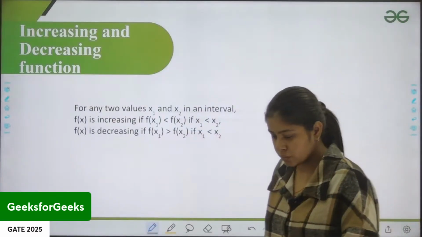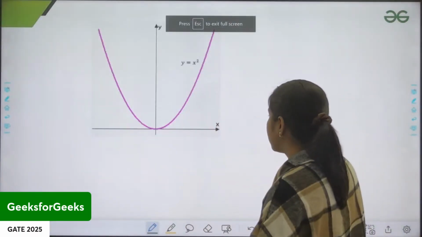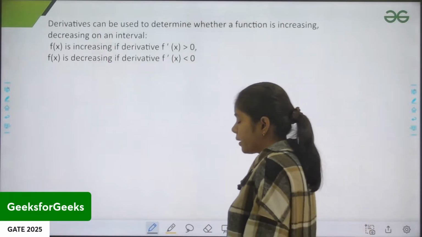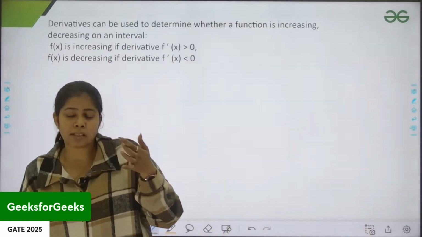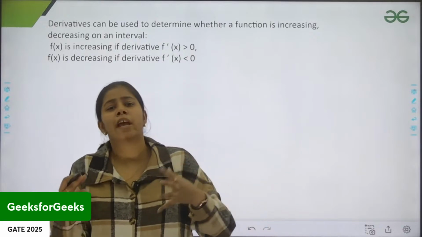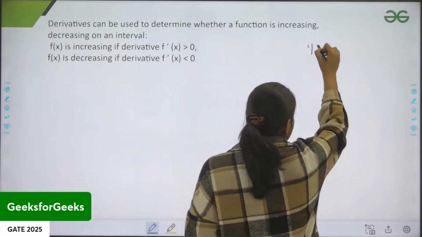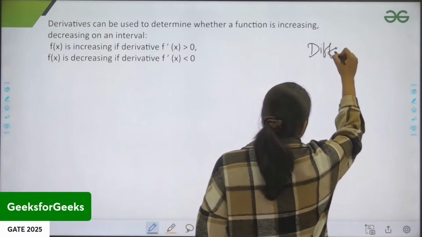Okay, so let's see further. We already discussed x square. Okay, so guys, just remember one thing. When we discussed differentiability, I told you what is differentiation.